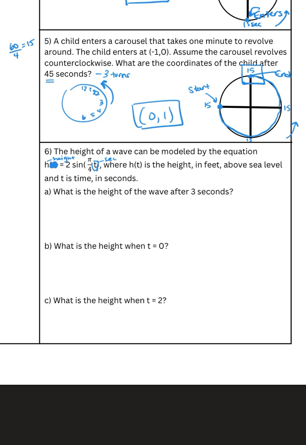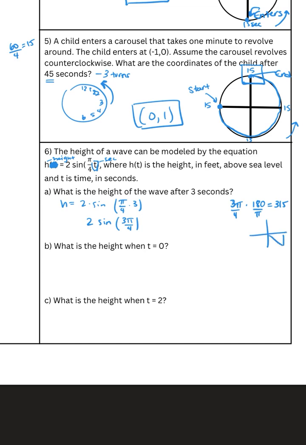Okay, so we're going to do h equals 2 times the sine of pi over 4 times 3, which is just the same thing as 2 sine of 3 pi over 4. So we can go ahead, and if I do 3 pi over 4 times 180 over pi, that gives us 315 degrees.